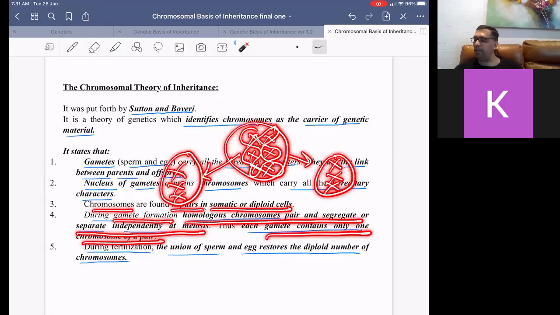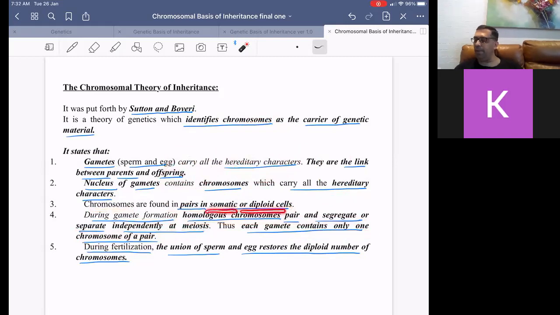तो diploid था somatic cells और body cells में, and during gamete formation, the homologous chromosomes have paired and segregated or separated, and each gamete contains only one chromosome of a pair. During fertilization, the union of the sperm and the egg restores the diploid number of chromosomes.